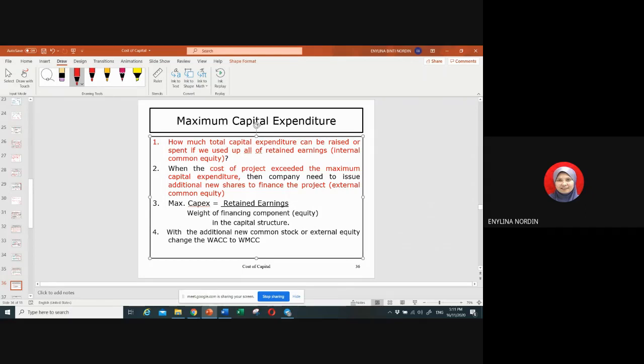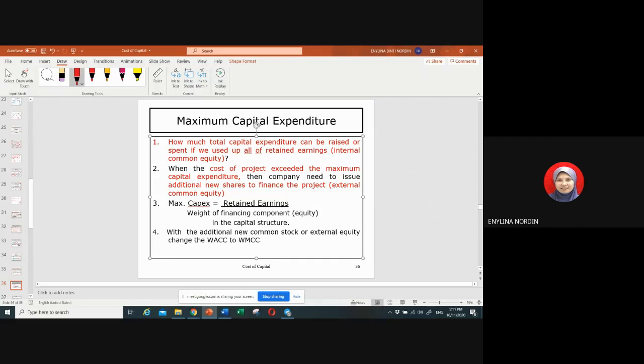Once we have calculated the maximum capital expenditure, we compare that amount to the initial cost of the new project. Is it enough or not? If it's not enough, that is when the company will make the decision to issue the new stocks.